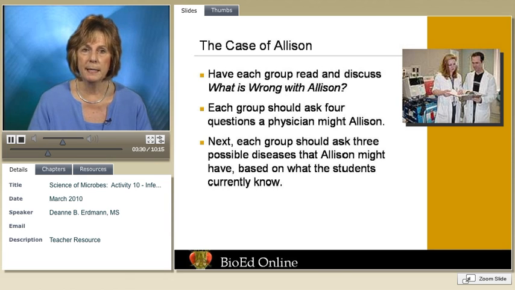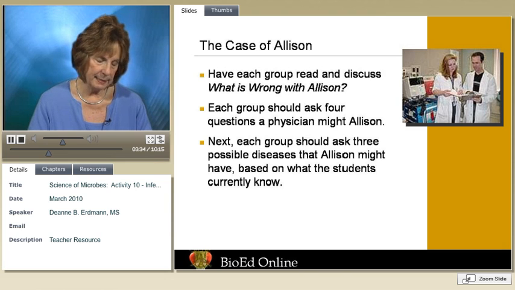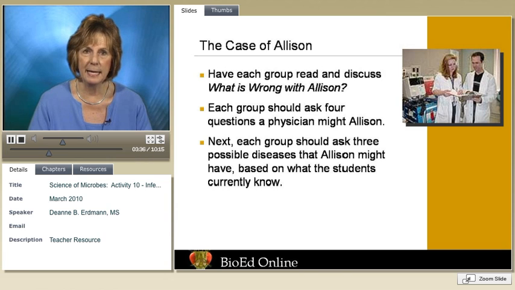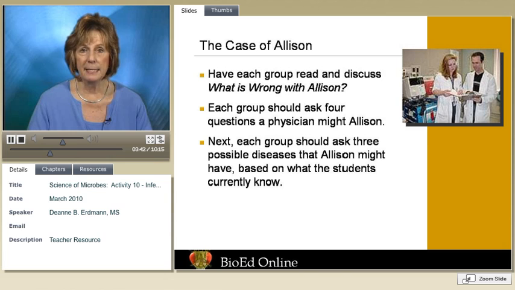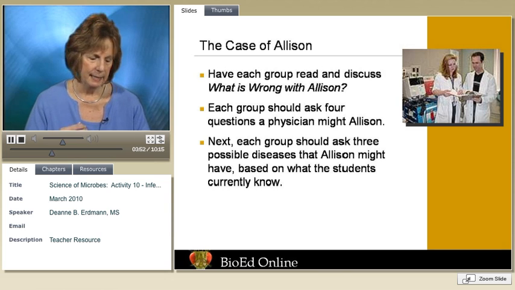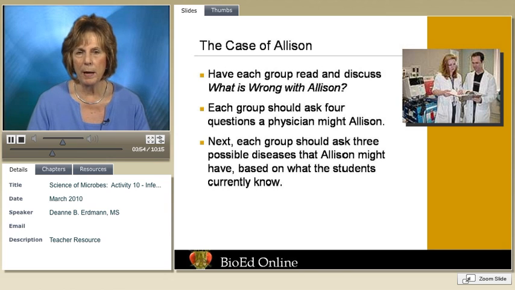So you want to get the students to read the questions and see what they think could be causing Allison's symptoms. Then, acting as the doctor, they come up with 4 questions that they want to target Allison with. And then each group should decide on 3 possible diseases that they think Allison might have. So they've done quite a bit of thinking before they get to the activity.